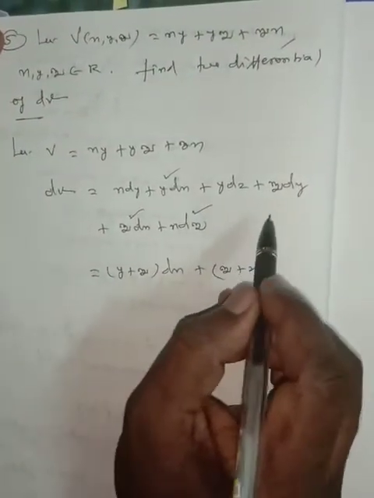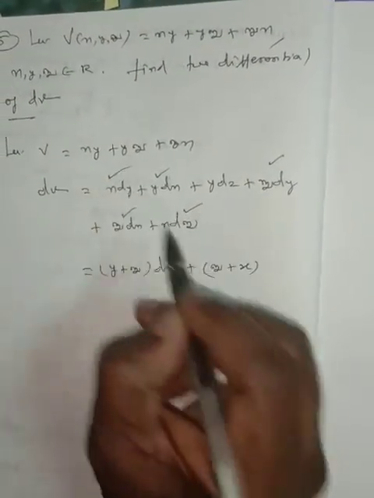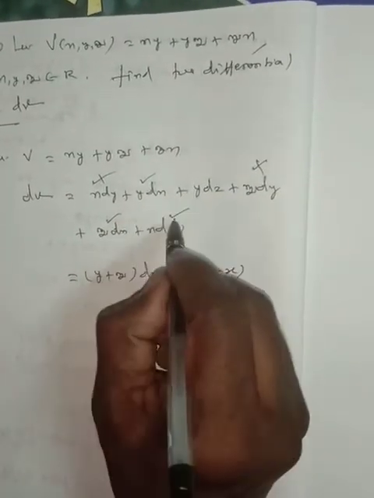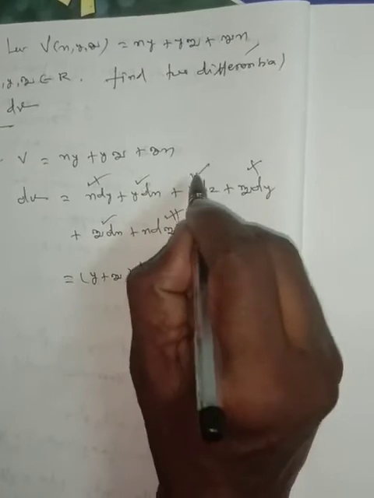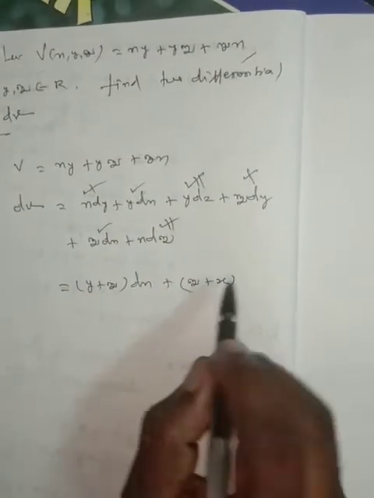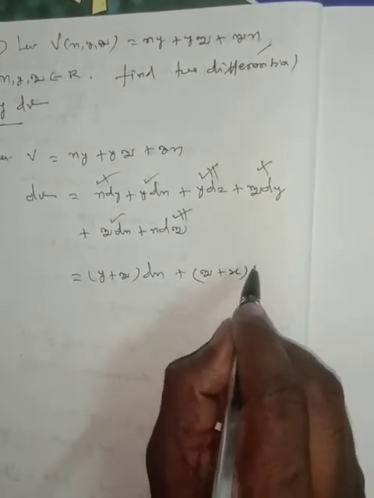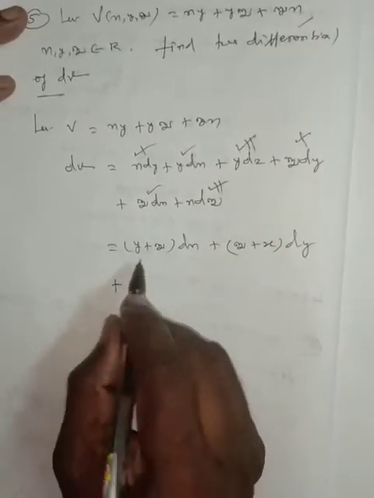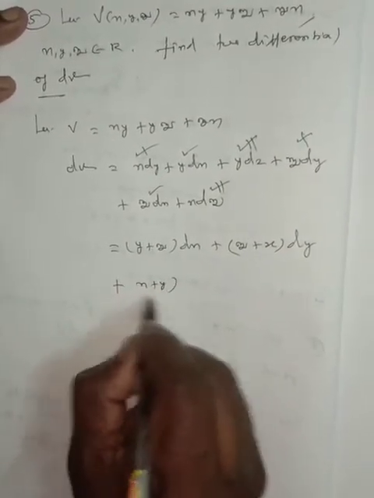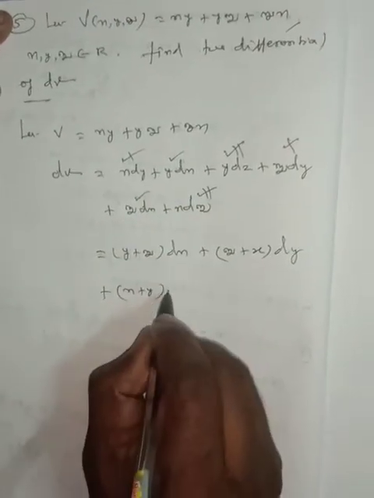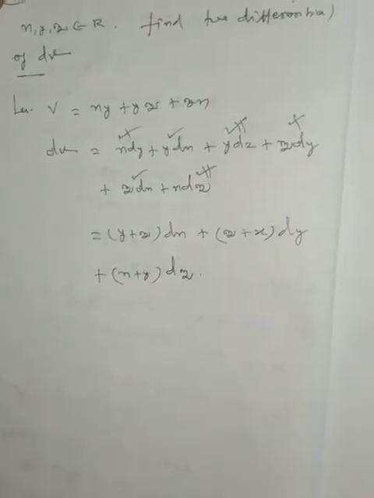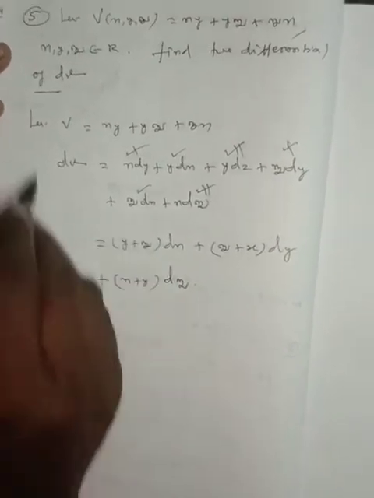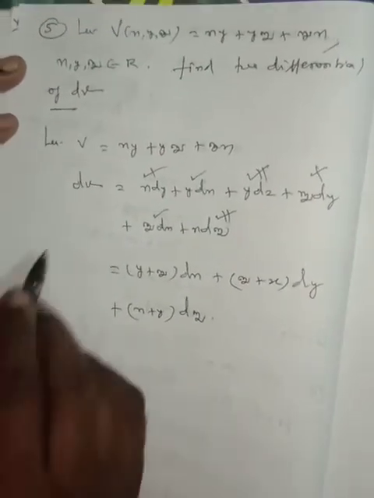Here the dy term is (z + x) dy plus (x + y) dz. This is a differential of dv.